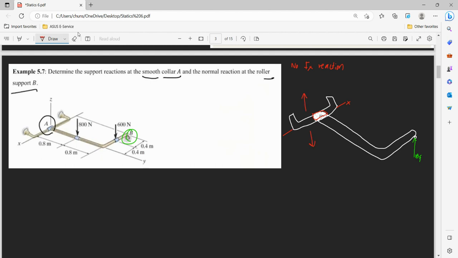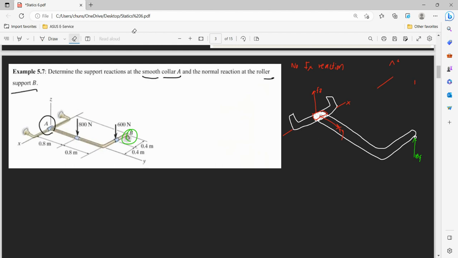Because it's fixed there, we can't pull it up and we can't move it forward or backward. So because of that, we're going to develop 2 reactions. We're going to develop an Fz reaction, again, just assume the direction you want, and an Fy reaction. Okay, we're going to establish that this system is positive when they're pointing in these directions. So we have 2 reactions for our A.